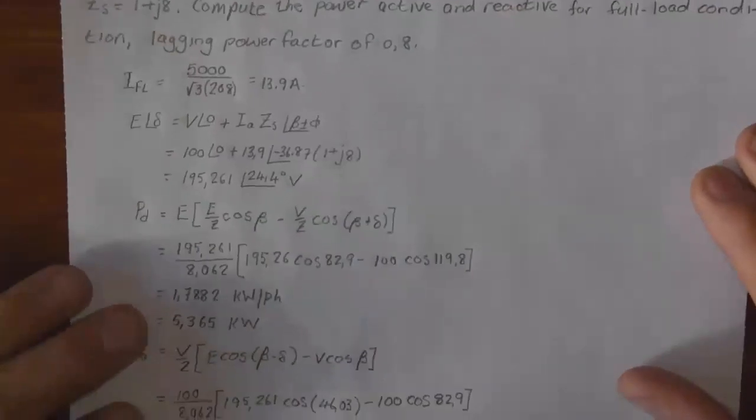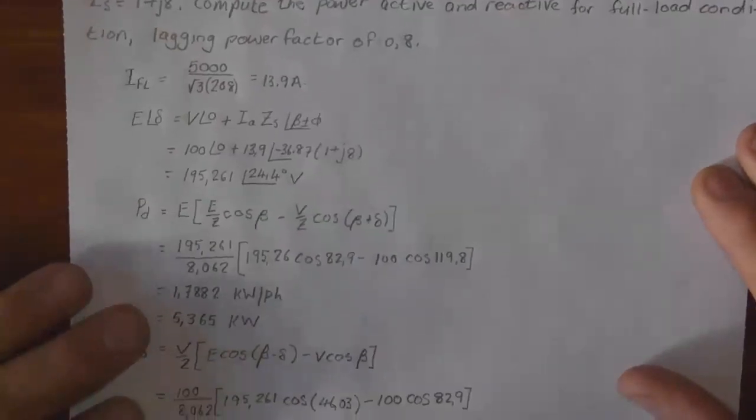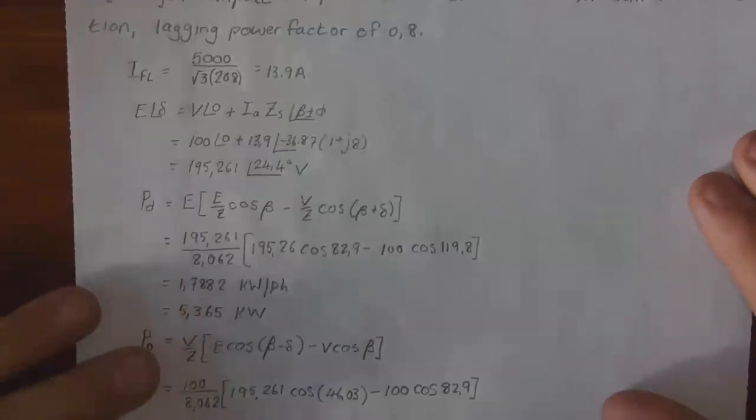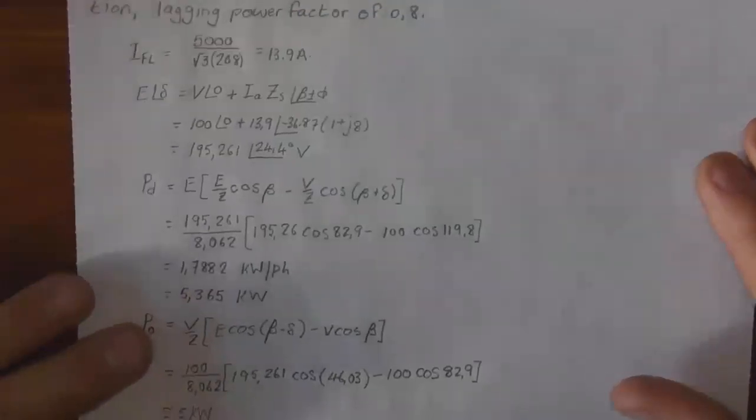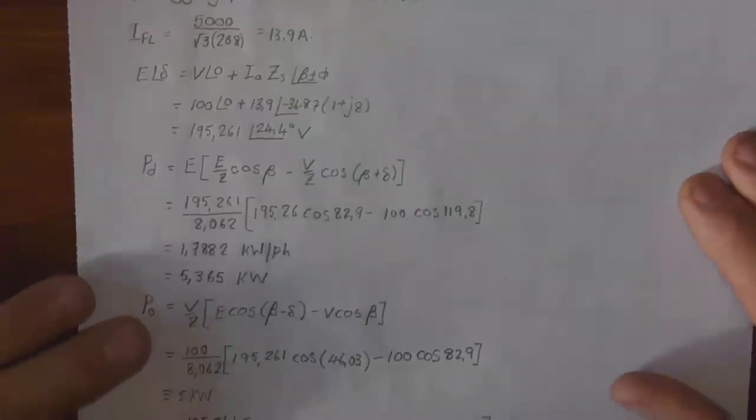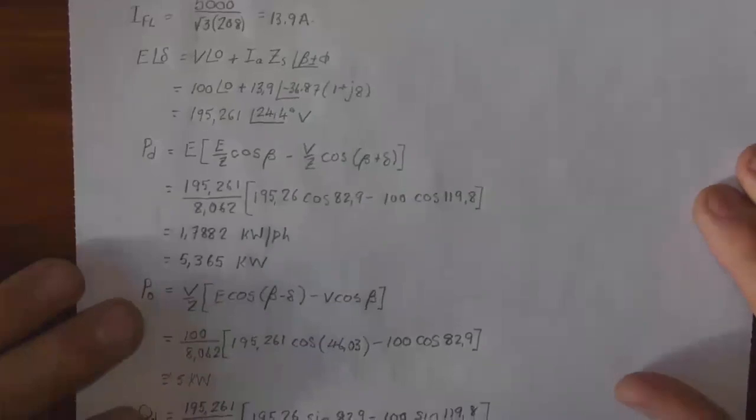So I full load is 5,000 divided by square root 3 divided by 208. That gives us 13.9 amps. E is V plus IZ angle beta plus or minus phi. Phase voltage 120 plus 13.9 at an angle of minus 36.87 times 1 plus j8 gives us 195.261 at an angle of 24.